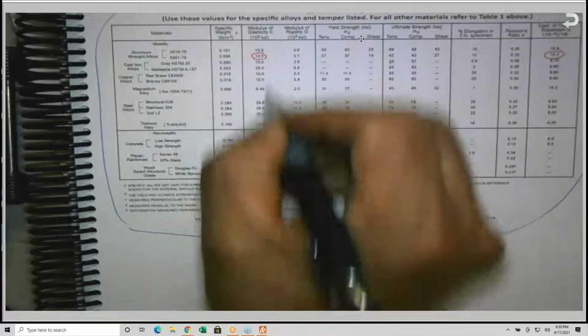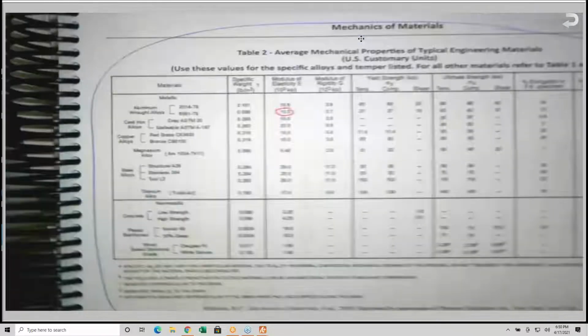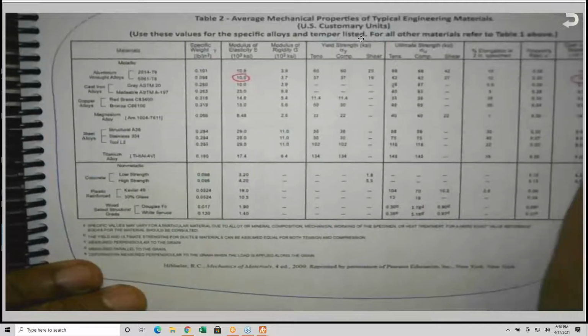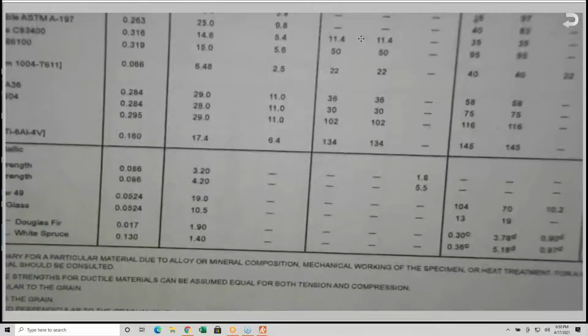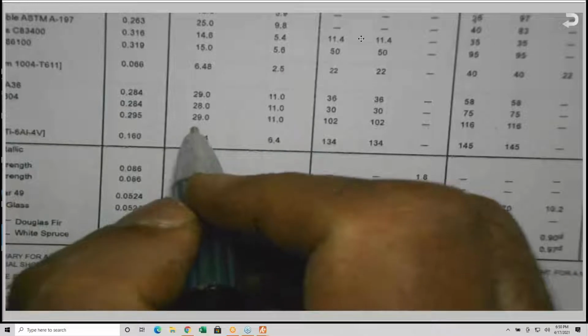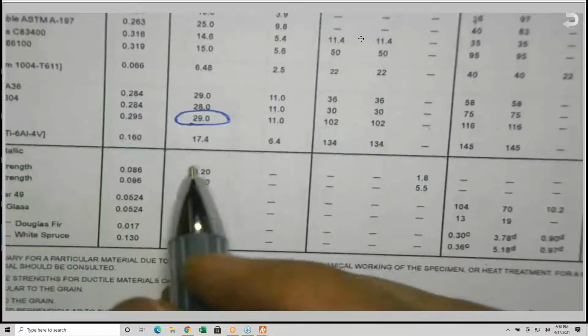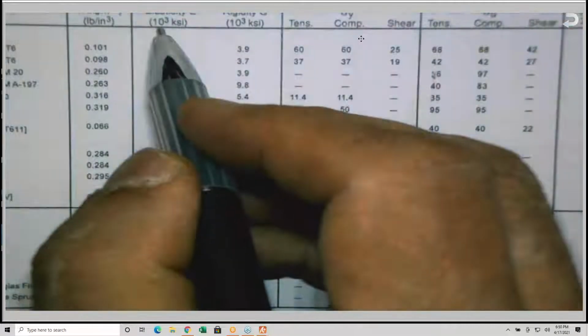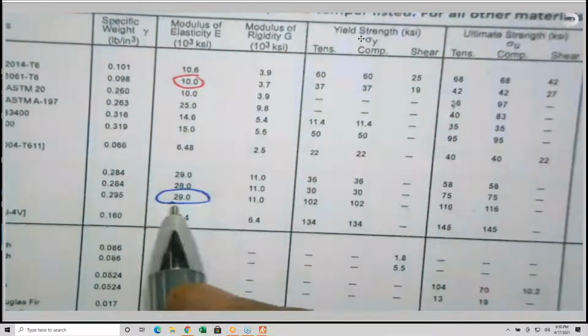For the modulus of elasticity E, let me see if I can get it bigger for you. I know the print is so small, forgive me for that. This is 29, 29 times 10 to the 3 ksi, which is the modulus of elasticity for steel.